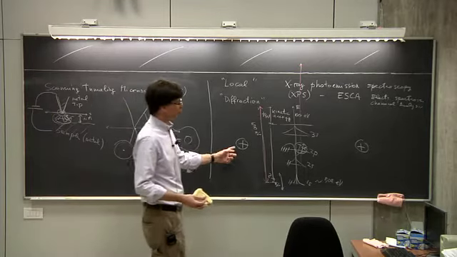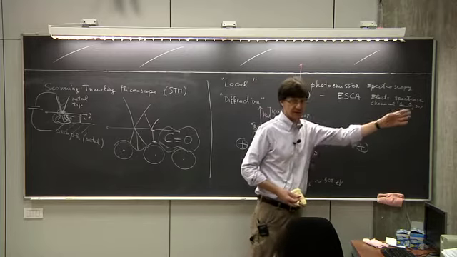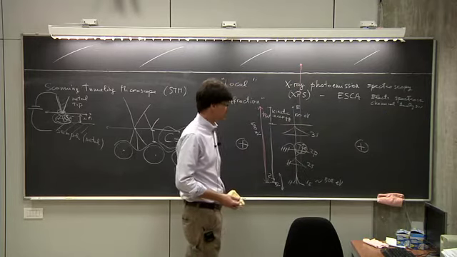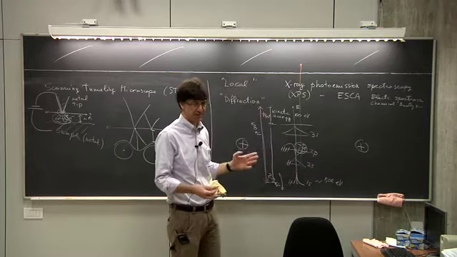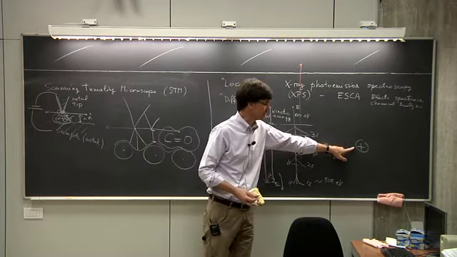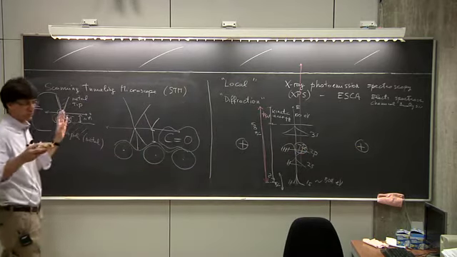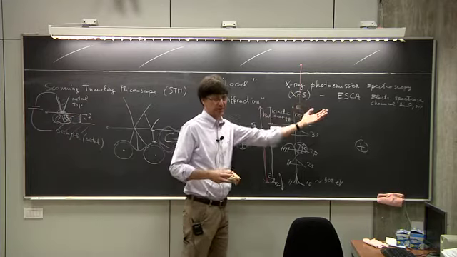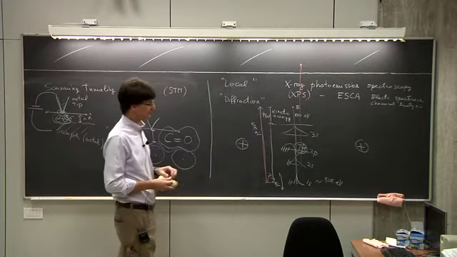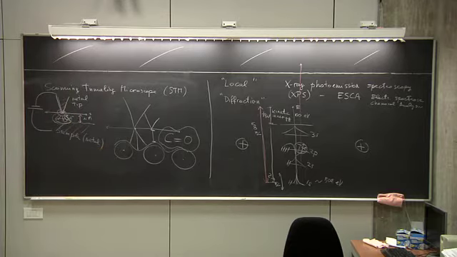You'll never be able to know here whether there is an ordered array of atoms in these systems. You'll only be able to learn that there are two positive ions close by, and that the part of the charge that was here is now on the oxygen. You won't be able to learn anything else about the remaining part of the crystal. So that's why these are called local probes.